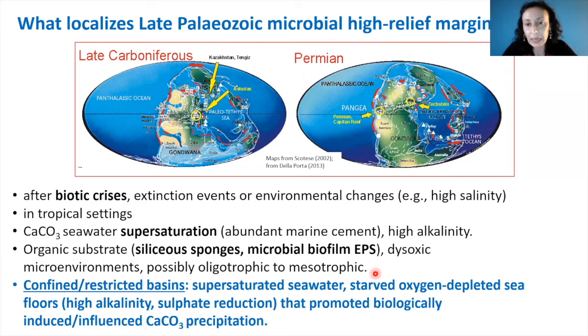Probably the basins adjacent to these platforms had low sedimentation rate and were starved, and in some cases even anoxic, and this must have been a type of basin that promoted the microbial precipitation and the development of these high relief slopes.